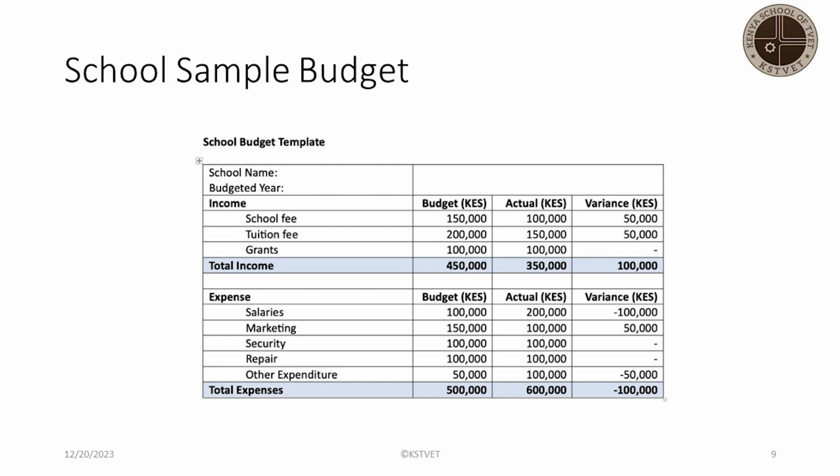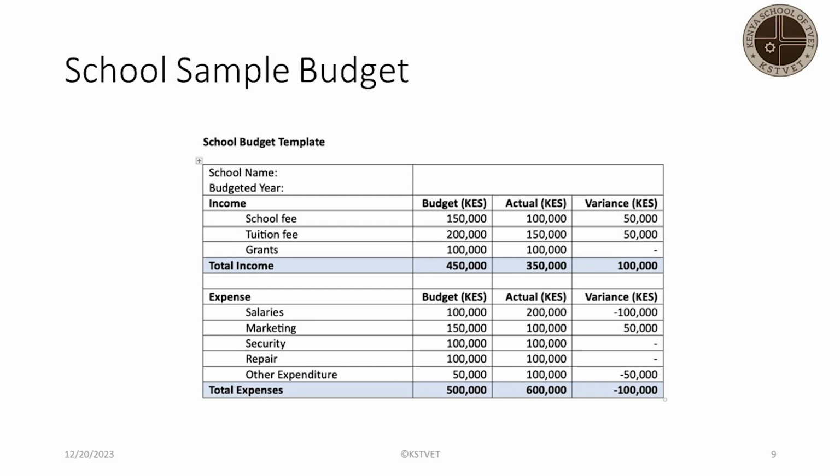For example, for school fee, you can see it is 150,000 Kenya shillings. Then the next column is the actual income. You can see that the entry is 100,000 Kenya shillings. Then we compare and we see the variance between the two figures. That is 50,000 Kenya shillings.